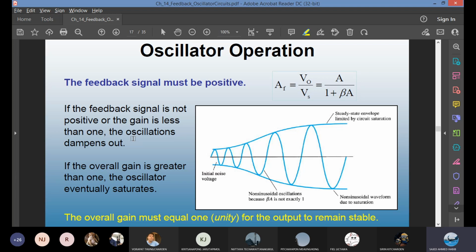But if you want an oscillation, you need positive feedback, and the gain cannot be less than 1. If the gain for the overall loop is less than 1, the oscillation will die. If the overall gain is greater than 1, you will reach a maximum saturation point, but that is still better than dampening out the oscillation.